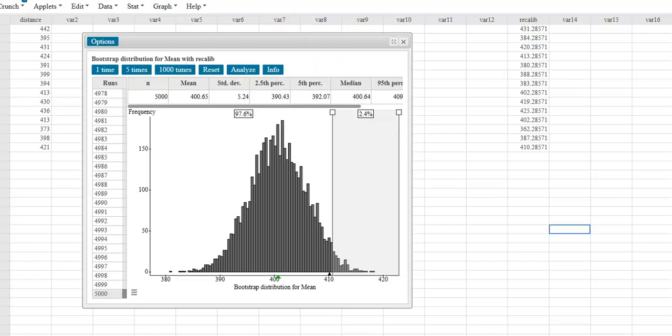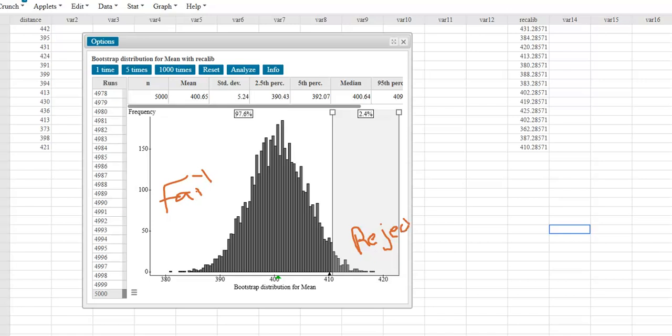So again, if you're over here, you would fail to reject. Boy, writing with a mouse is not fun. And then over here, you would reject. So remember, if the p-value is low, the null must go.